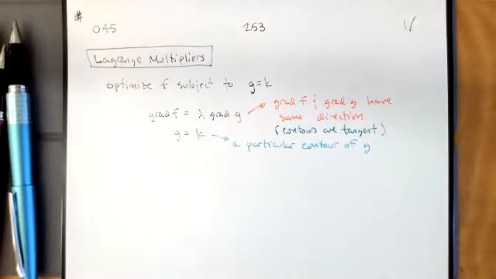So g equals k is one of the level curves. And I'm looking for the level curve of f that's going to be tangent to this particular contour of g. I want the gradients to point in the same direction.